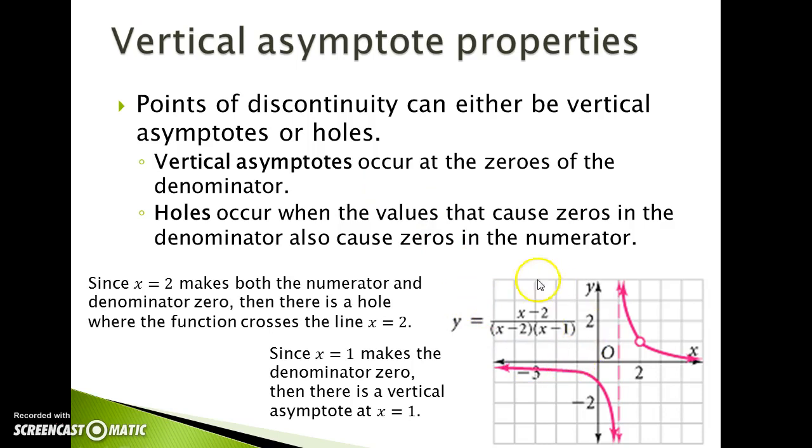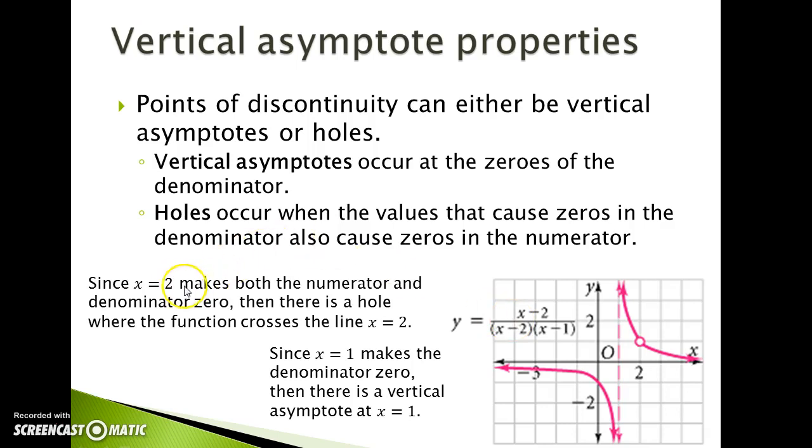So if we look at this example right here, if we look at the bottom, you can tell that if x is 2 or if x is 1, it's going to cause the bottom to have a value of 0. Now up at the top, we see that this thing right here, if x is 2, it's also going to cause the top to have a value of 0.